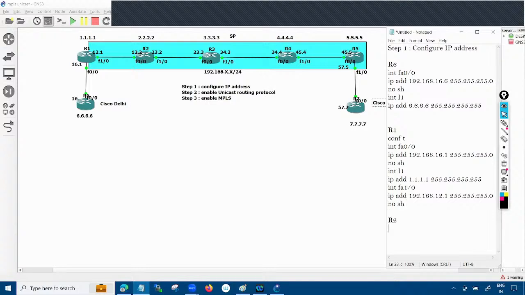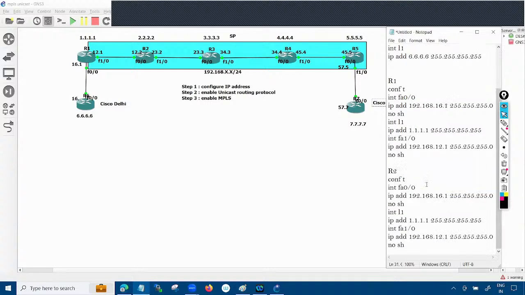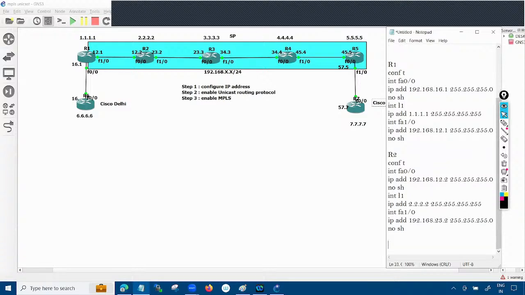R2, let's copy and paste it. Let's go with 12.2, then 2.2.2.2, and 23. Perfect, right? And R3 we have now.